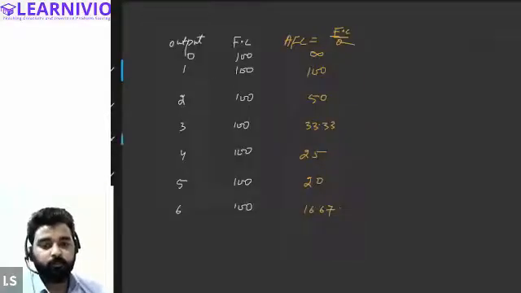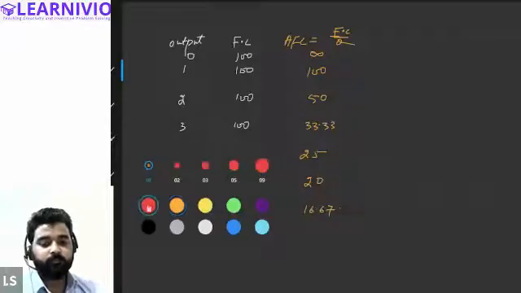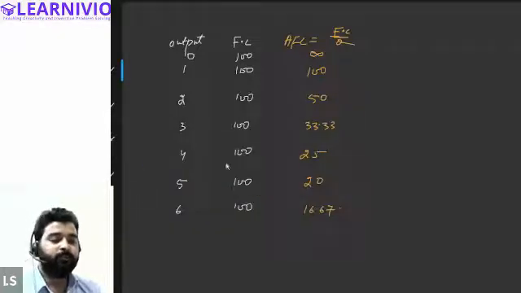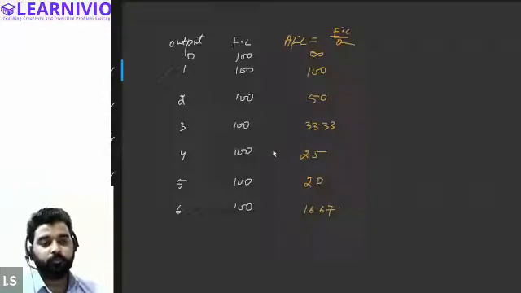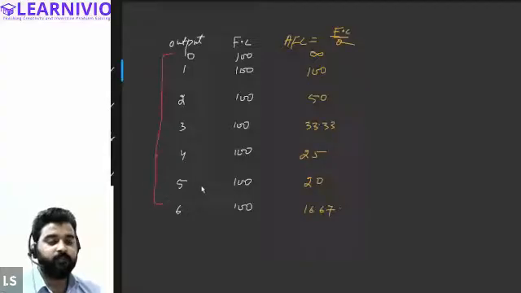Now try to understand this. We already know the meaning of fixed cost, that is the fixed cost of producing 1 unit of output. One important thing that you will notice in the average fixed cost is that as production is increasing from 0, 1, 2, 3, 4, 5, 6, average fixed cost is continuously decreasing.